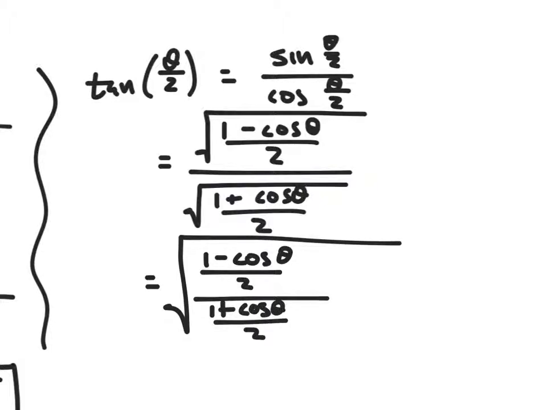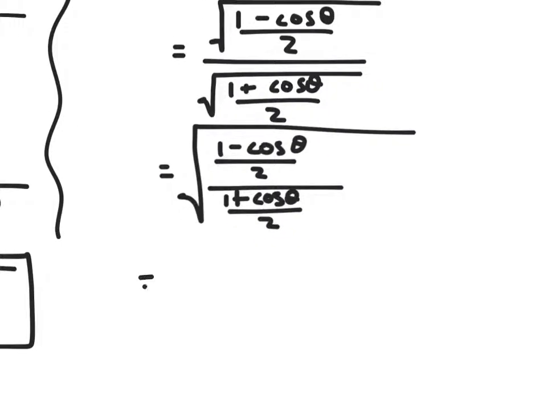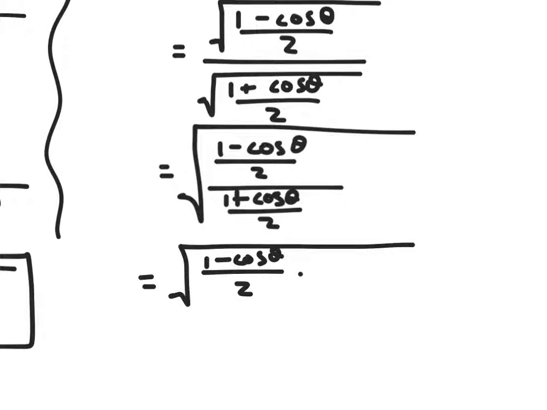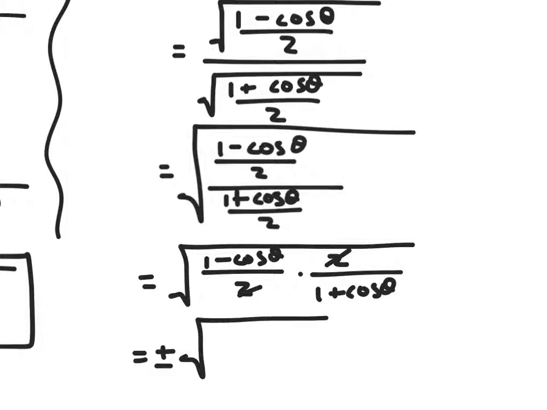At this point, I'd want to write this as the square root of (1 minus cosine theta) over 2 times the reciprocal, so 2 over (1 plus cosine of theta). The 2's divide out. So we would end up getting, and I'm going to do plus or minus on this because I didn't do that before, but both of these are plus or minus, the square root of (1 minus cosine of theta) divided by (1 plus cosine of theta), and that's going to equal tangent of theta over 2.